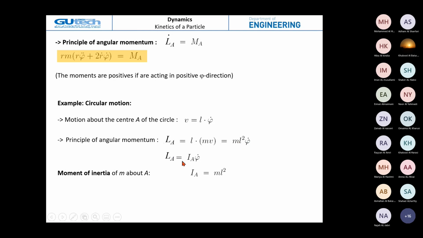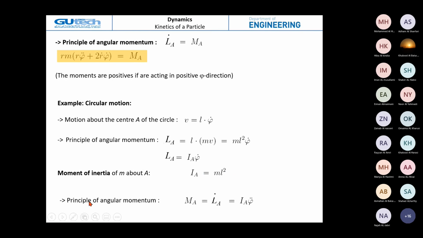If we look at this term, m l squared, we call it the moment of inertia of m about A, and this is only geometrical. I_A is only the mass multiplied by the length squared.